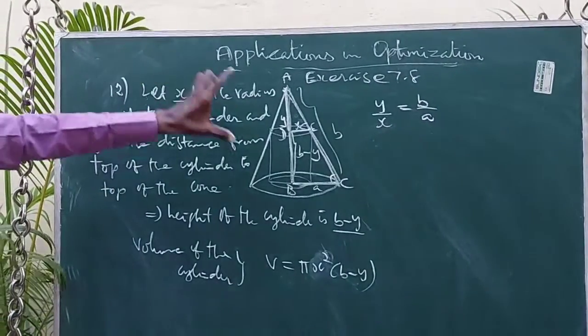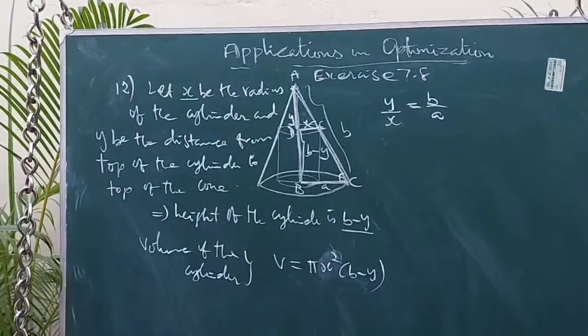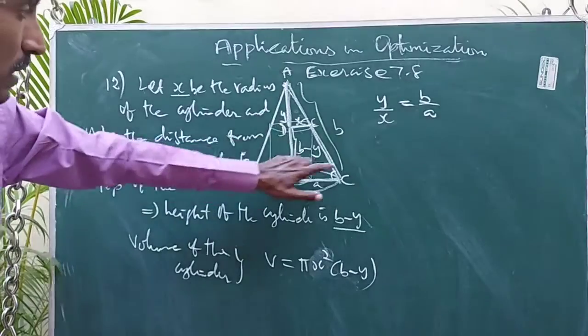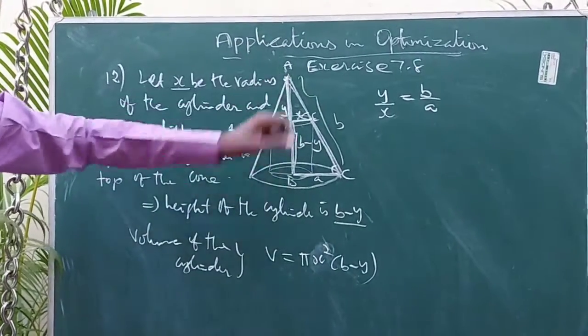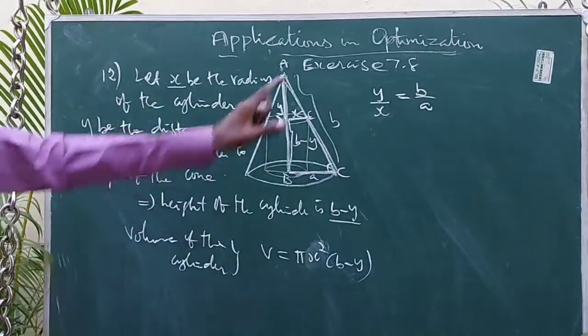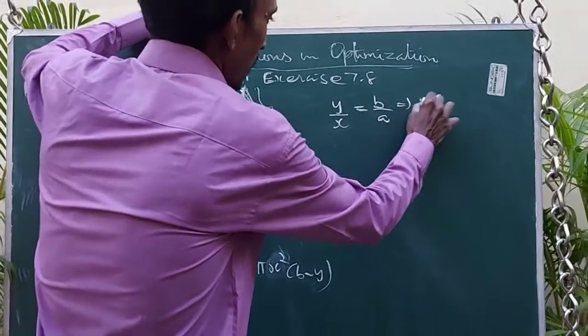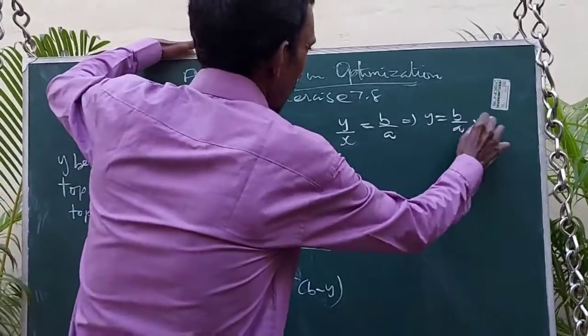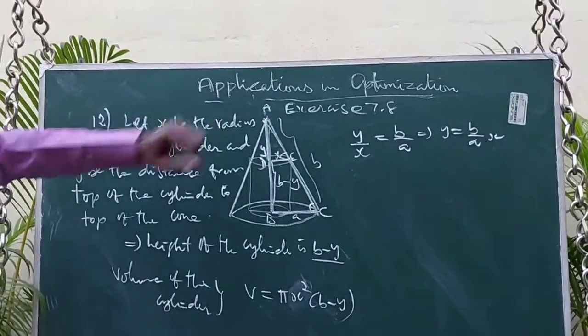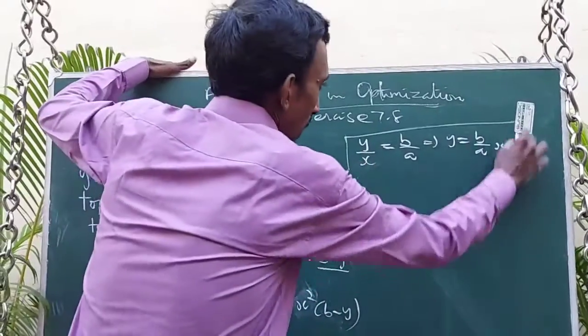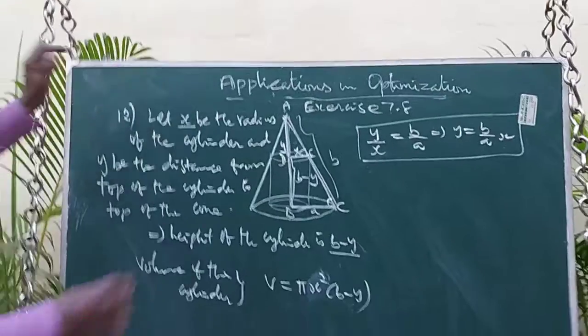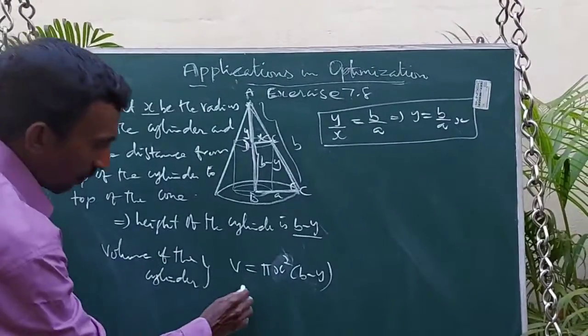Listen, my dear student, here we are using the similar triangle concept. The two triangles ABC and ADE are similar. That's why the ratio between the corresponding sides are equal. We are using this one. So y equals b by a into x. Are you clear? So now use this condition to make it a single variable function.